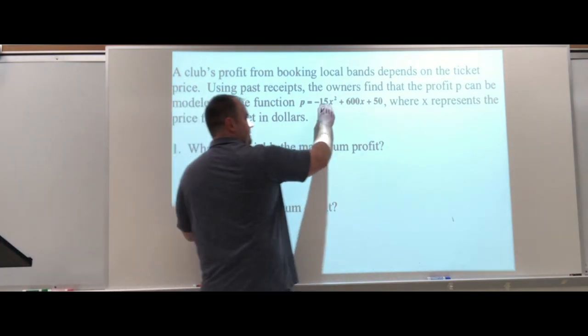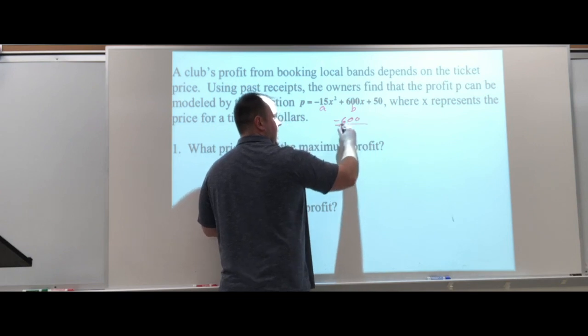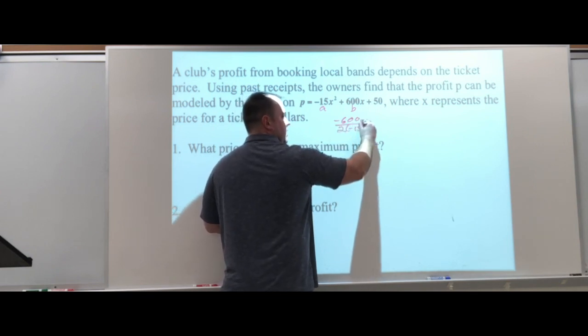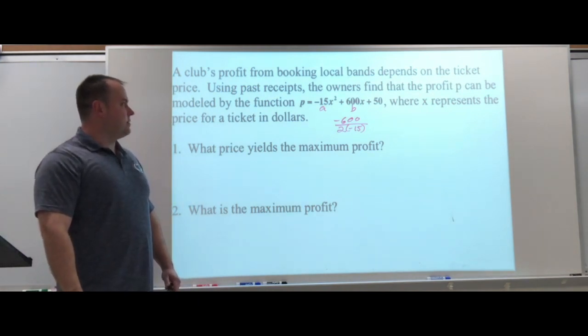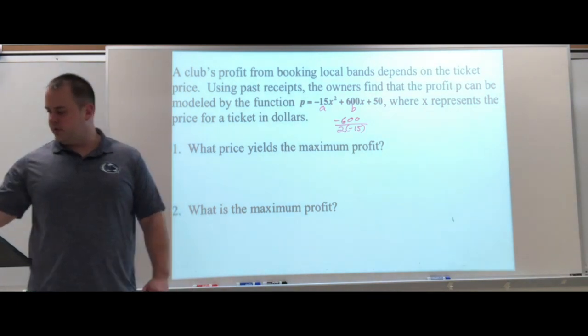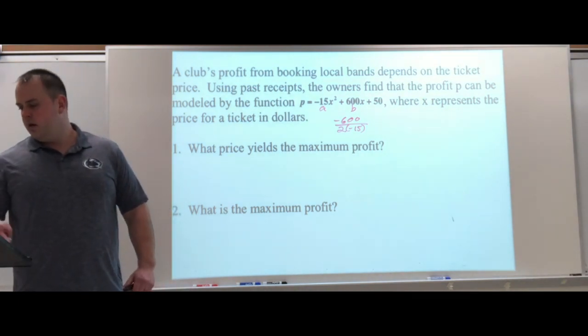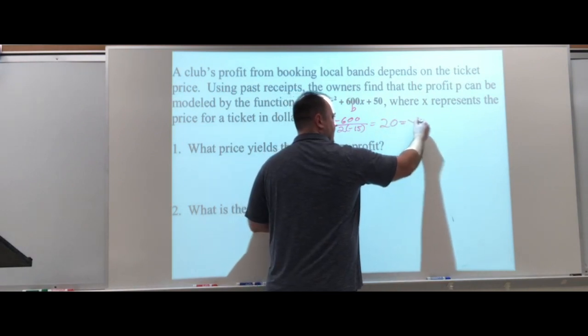We have our a, we have our b, negative 600 divided by 2 times negative 15. And that gives us our x value, and that x value should be, is it $20? I just want to check my math here real quick. Okay, so we have $20 for our tickets. That's our x value.